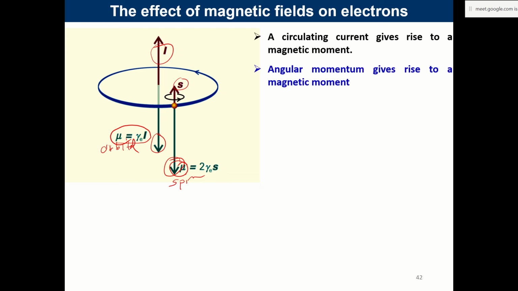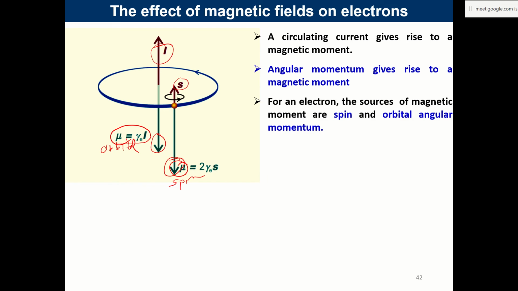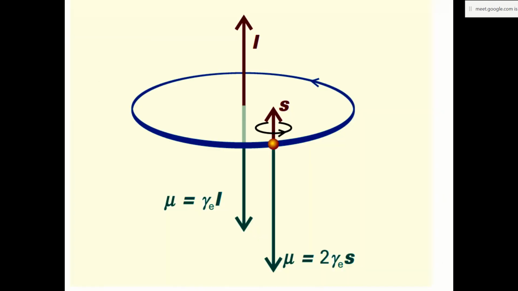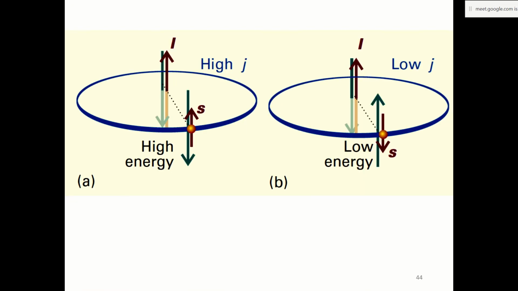In this case both are pointing in the same direction, so L plus S, that is one thing, and if they are pointing in the opposite direction, L minus S, this is the situation that we were talking about.